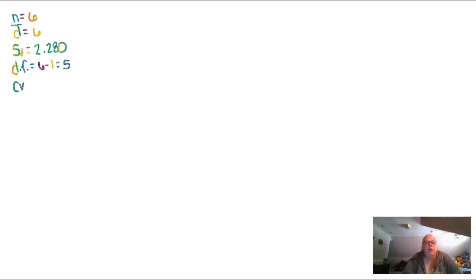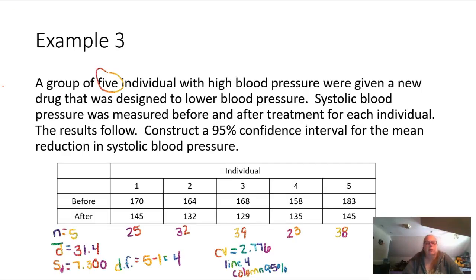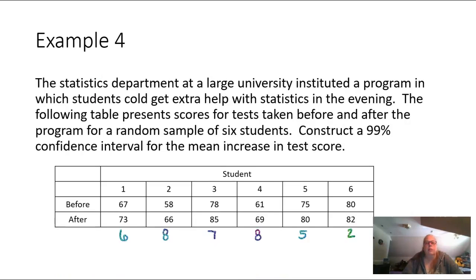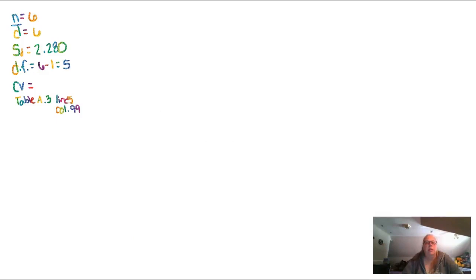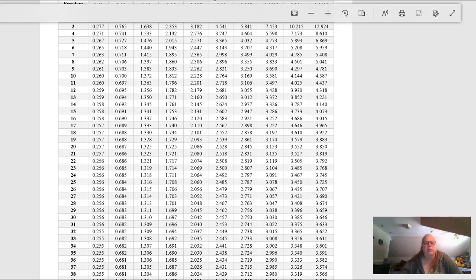We need to go and get our critical value. The critical value is coming off of table A3. And we will be looking on line 5 and column 99%. Yep, 99% here. All right, so let's pull up table A3, line 5, column 99%.